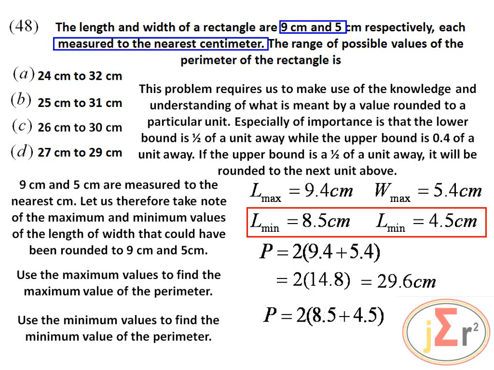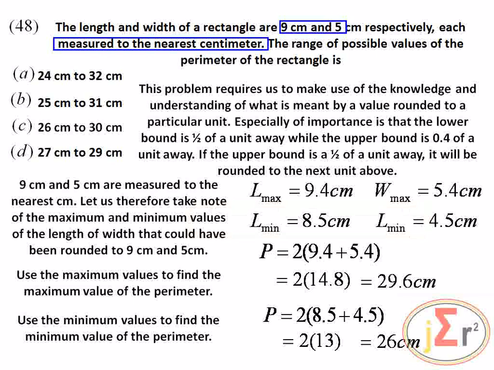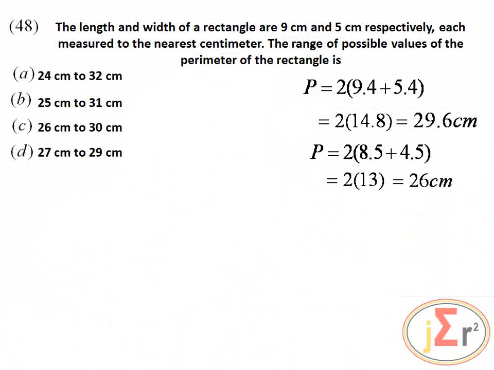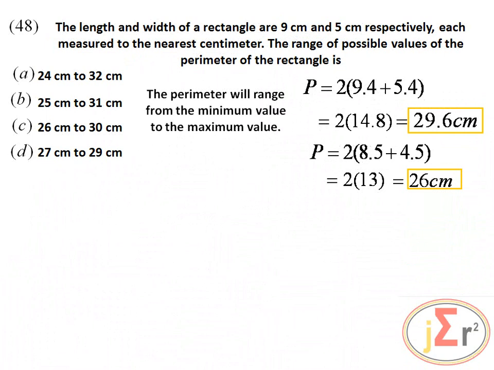Finding their sum, 13. So 2 times 13 is equal to 26. But are we conclusive as to what the answer should be? The perimeter will range from the minimum value to the maximum value.